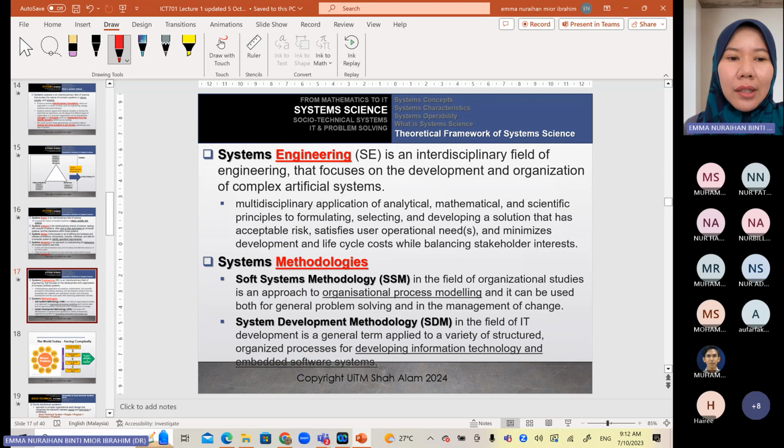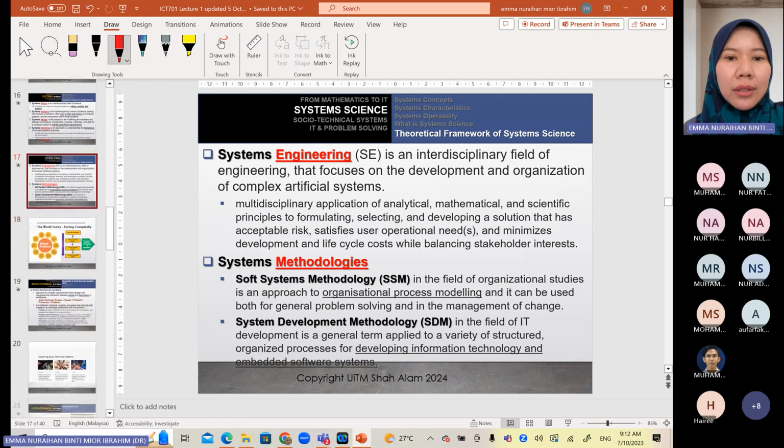Okay, so the next one will be system engineering. System engineering is not related to being an engineer. System engineering is a multidiscipline that looks into the approach of analysis.